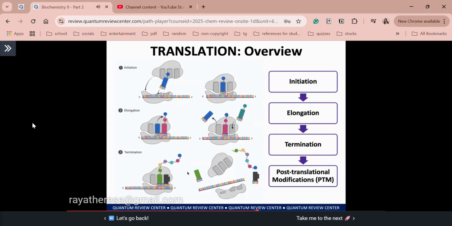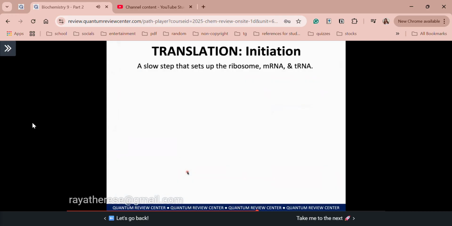Okay, so class, if you are ready, let's proceed with our first process, the initiation step. As you can see here, this is actually the regulated step of translation. Now, don't be confused. For the general central dogma process, particularly the gene expression control, transcription is the regulatory point.